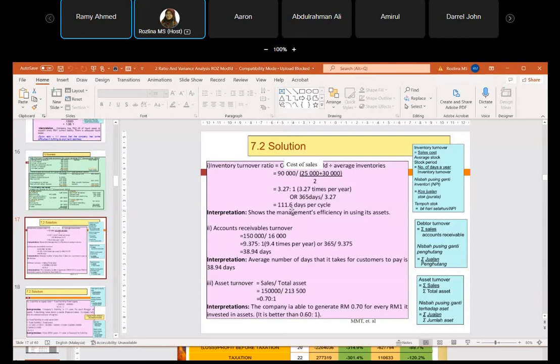No need to make it an integer. Actually, when you want to make it an integer for the inventory turnover ratio, normally you will make it more. Let's say 111.1, just make it 112 like that. But it is okay. You just put like this.